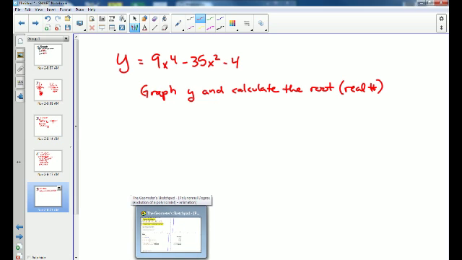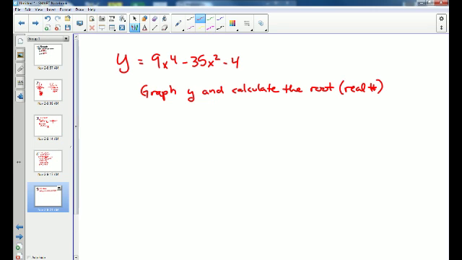We're just going to worry about the real number roots because that's all the calculator will give us. So there's your equation you need to put in.